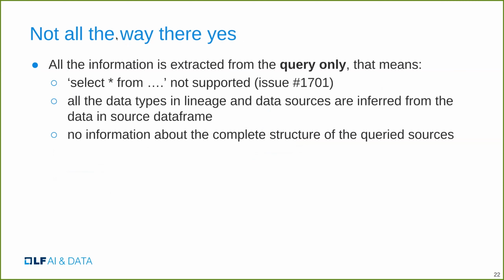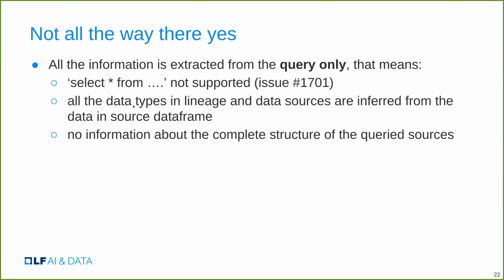We are not all the way there yet, because the only information we are getting is the information extracted from the query. If somebody does a select star from an expression, then we cannot parse it, because the parser doesn't have access to the external data source. So it's just not information it has.